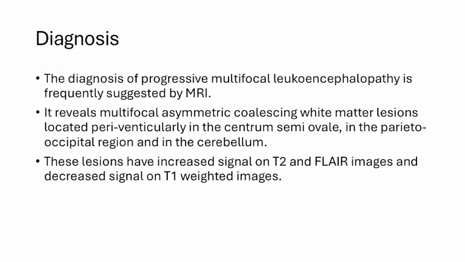How will you diagnose PML? The diagnosis of PML is suggested by MRI. It reveals multifocal asymmetric coalescing white matter lesions located periventricularly in the centrum semiovale, parieto-occipital regions, and in the cerebellum.